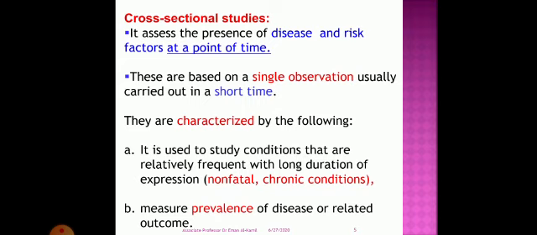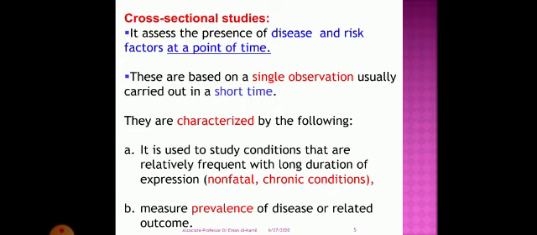We are going to measure the prevalence of the disease or any health-related event. Each individual will be examined once. For example, if we want to study the prevalence of anemia in a population or in school children, we take a sample from this school or different schools, and assess for anemia just once.